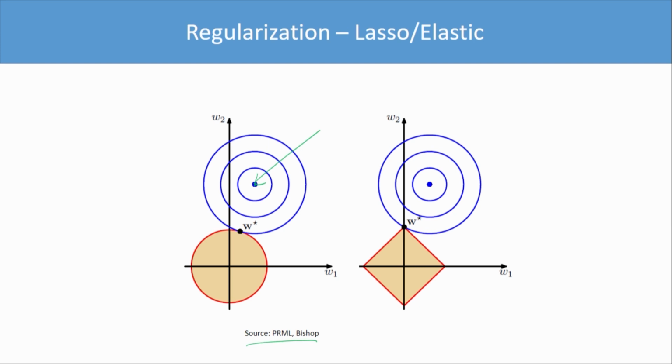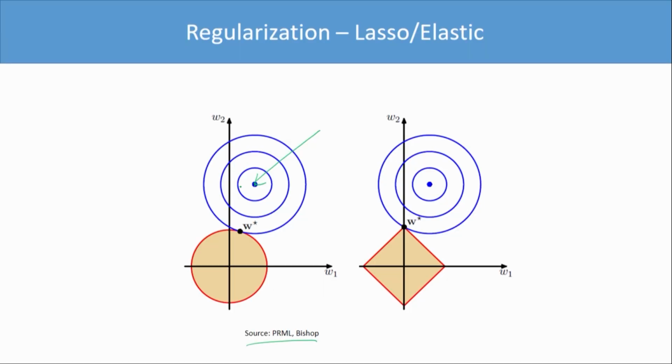Now as you change your regularization parameter, you might get different W's as your answer, so there might not be a single unique W that solves your problem anymore. For different values of lambda, you might end up with contours like this for your error function, essentially.